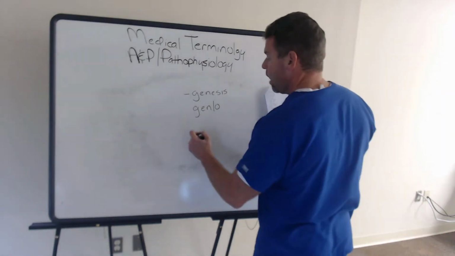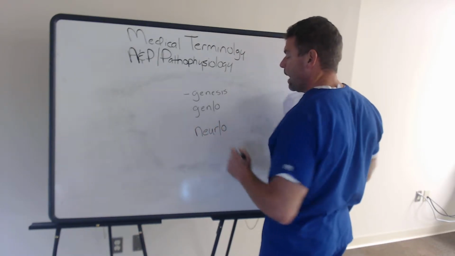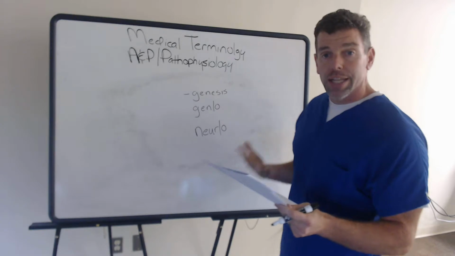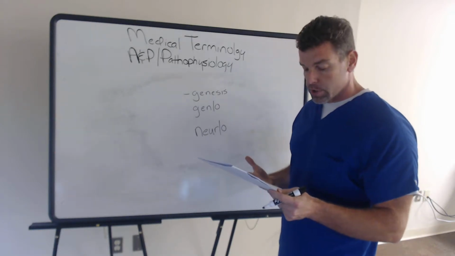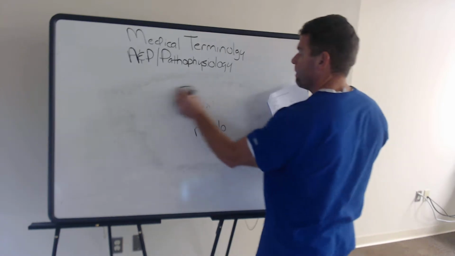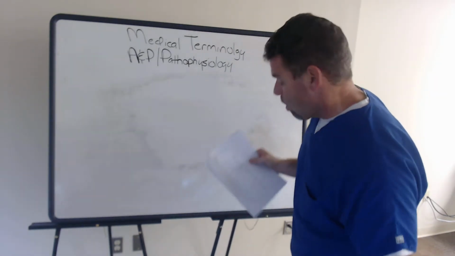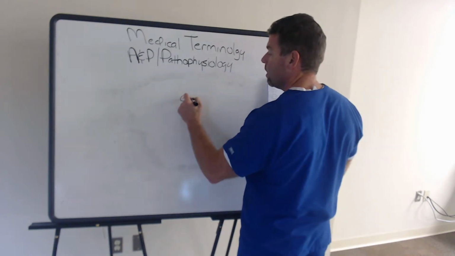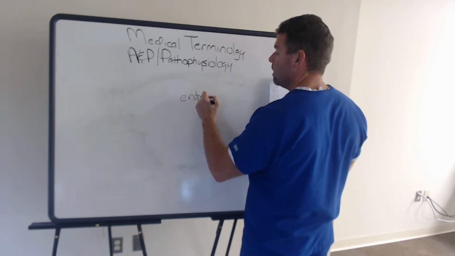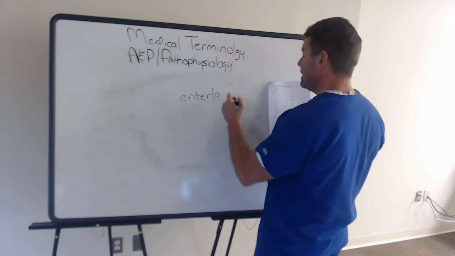Nerve. Neuro is a combining form that means nerve. Neurology would be the study of nerves. Entero is a combining form that means intestine.